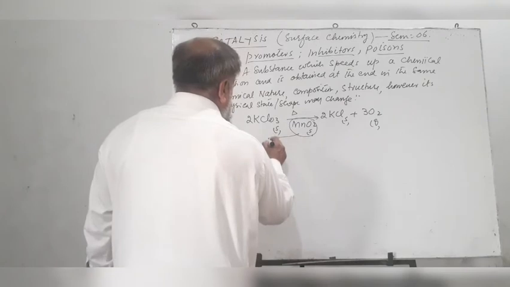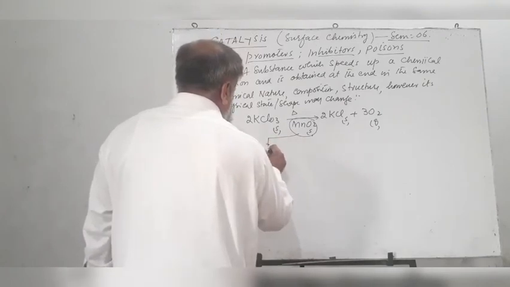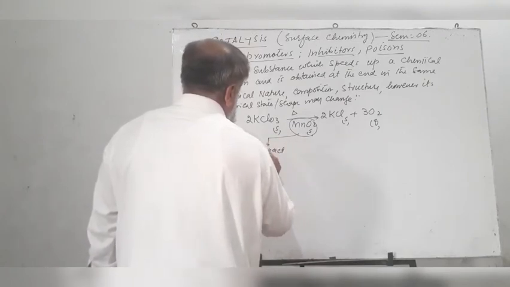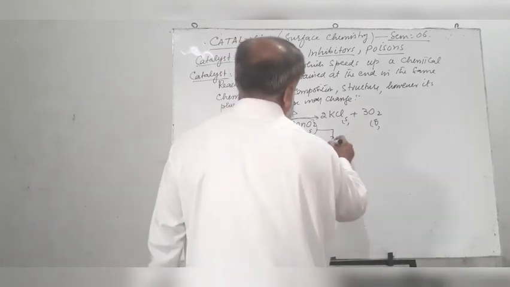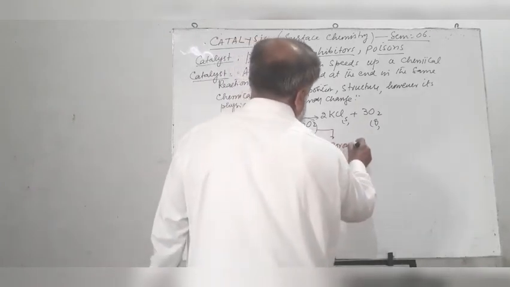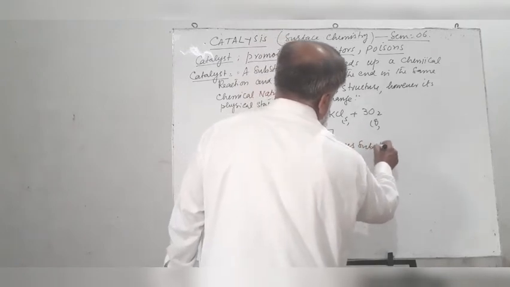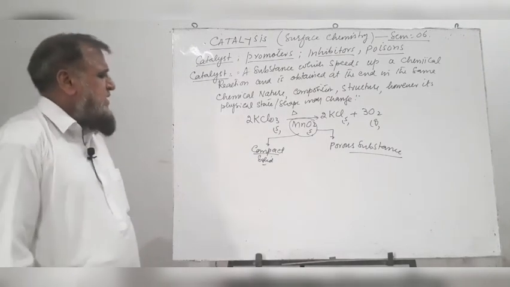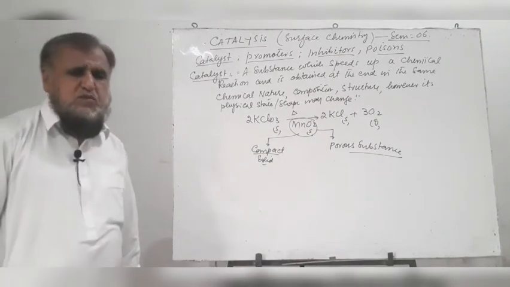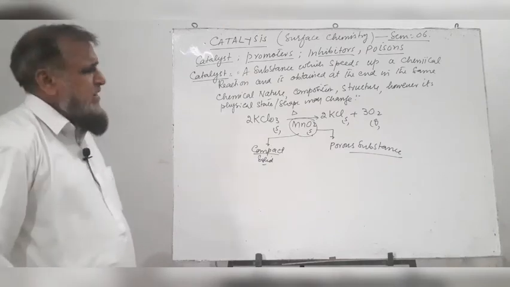At the start, it is a compact solid, but at the end, we get a porous substance. It changes into porous state. So a catalyst may change its physical state from compact to porous or porous to compact, from crystalline to powdered state.